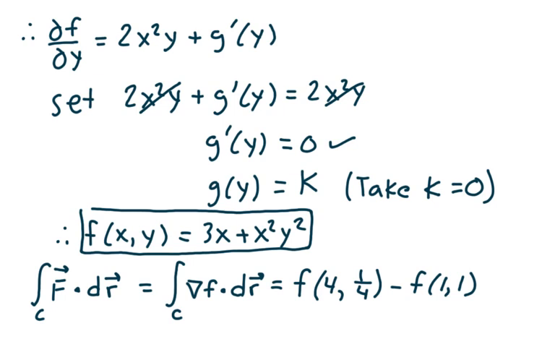Now keep in mind, I'm trying to figure out the integral over C of F dot dr along a certain path from the point (1, 1) to the point (4, 1/4). If I just wanted the potential function f, I would have added k to the end and have been done.